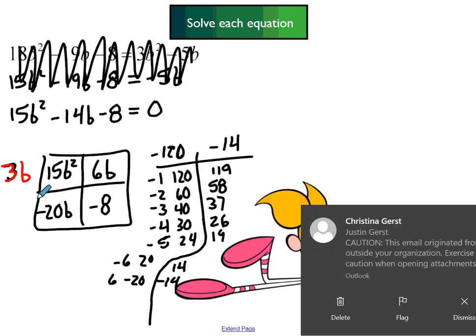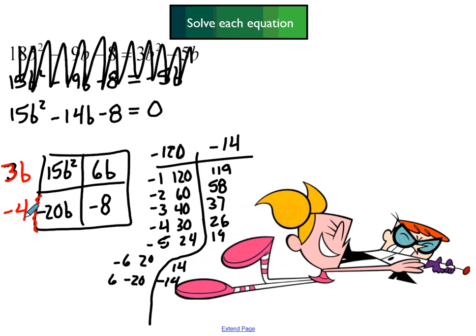Bottom row is going to be negative 4. 3b times 5b gives me that top row, and then 3b times 2 gives me the 6b. Now I'm going to have 3b minus 4, 5b plus 2 equals 0.